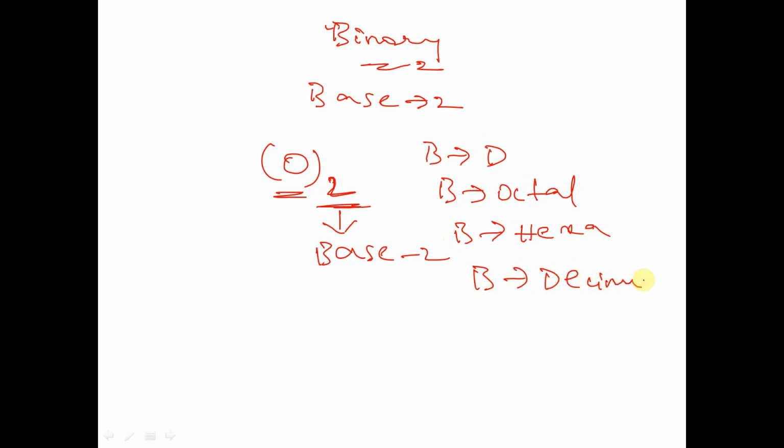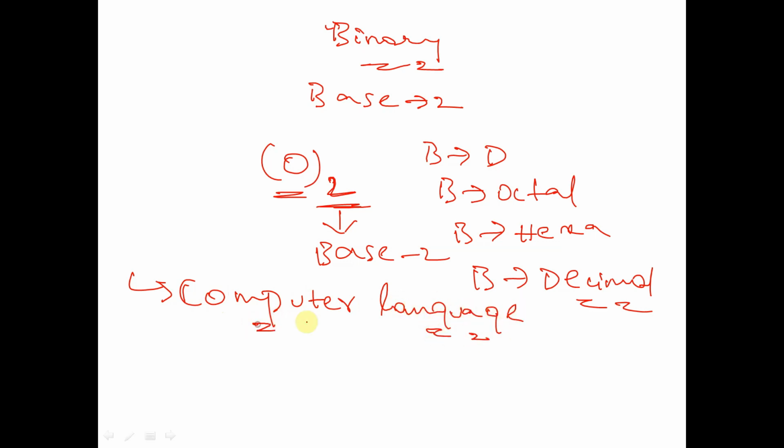Before talking about the conversions, we all know that binary number systems are basically used in computer language. Basically the machine will understand only binary, that is zeros and ones. We use decimal number systems, so we will convert this decimal to binary, or our simulator will convert our hexa to binary.